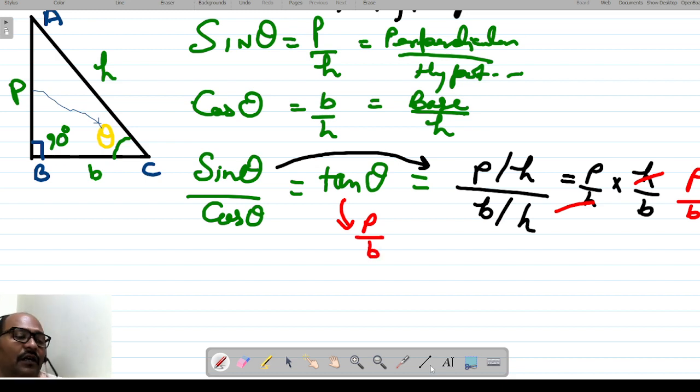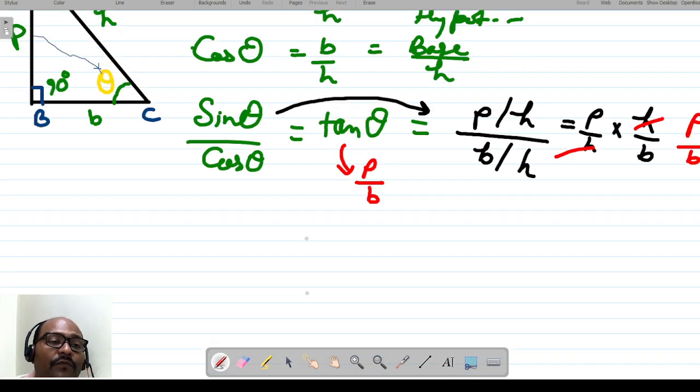So I want to show you a trigonometrical table for the different values of this. Let me show you.